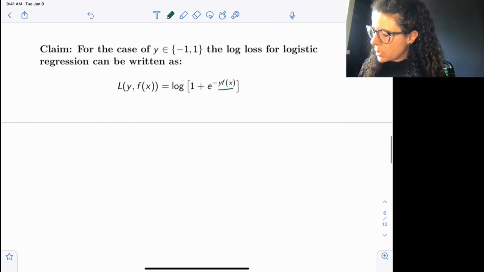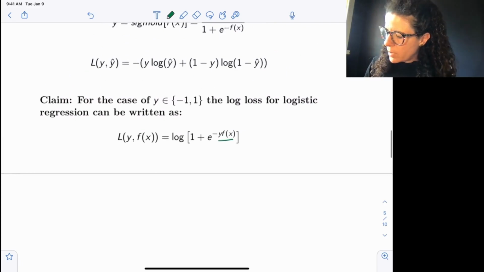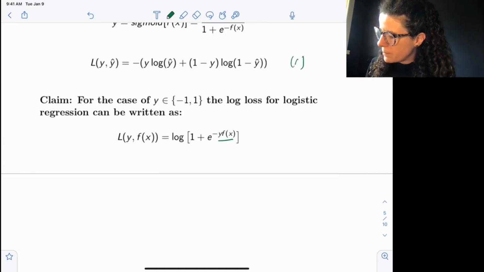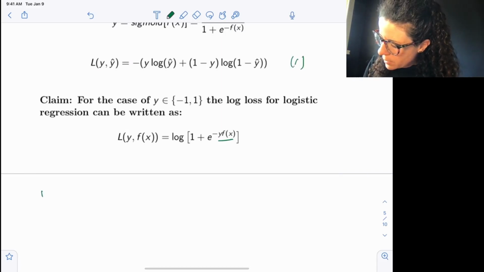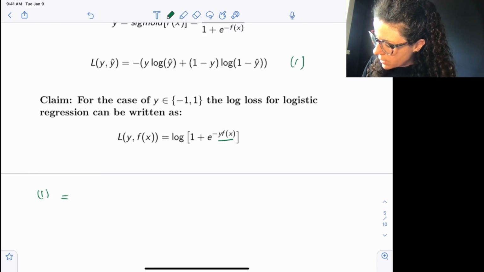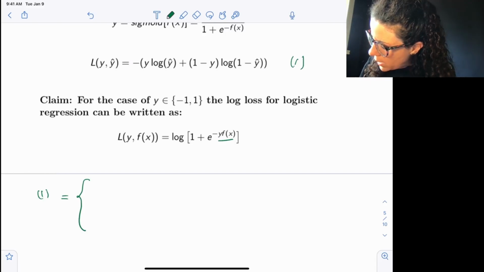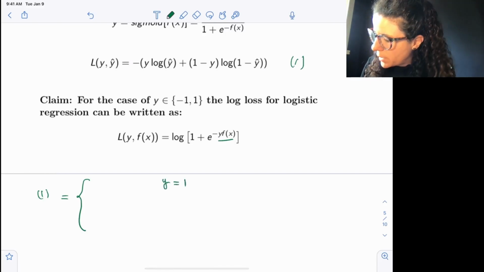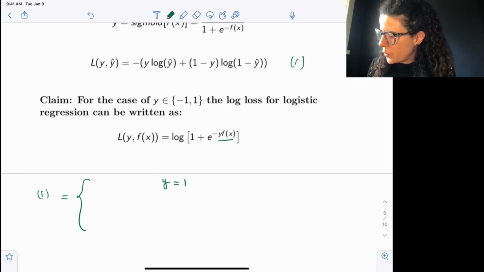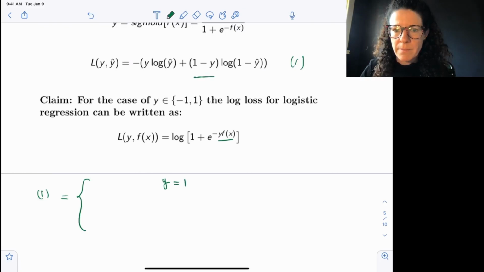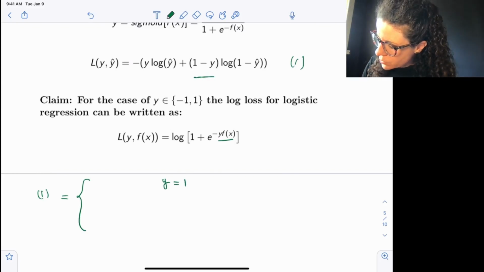The first thing I'm going to do is start with our loss function, this function right here. This function can be written in the following way, and let me know if you agree with me. What happens if I put y equal to 1 here? This part is equal to 0, so we can simplify this to minus log of y hat.